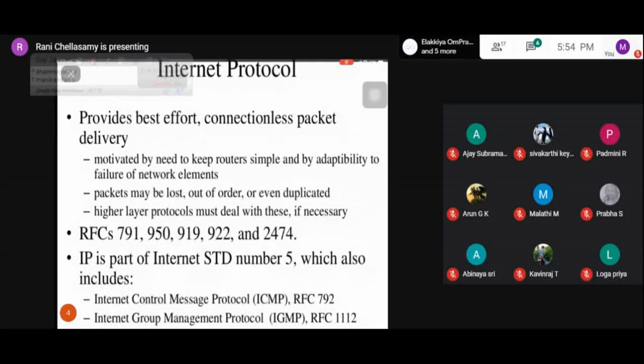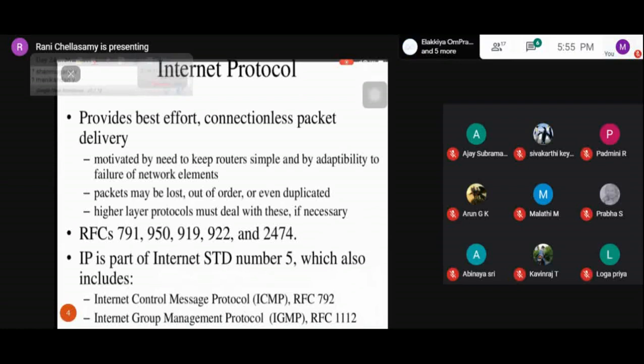Similar to the UDP protocol, the same thing is also served by the Internet Protocol. Internet Protocol provides best effort delivery, and it is also a connectionless packet delivery protocol. So these two services are provided by Internet Protocol.